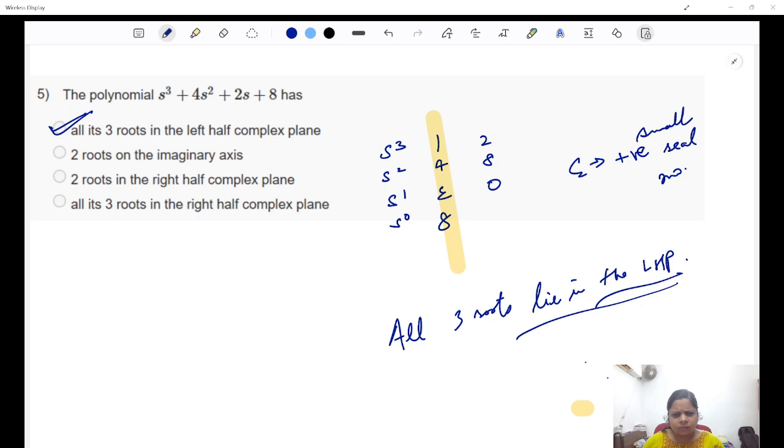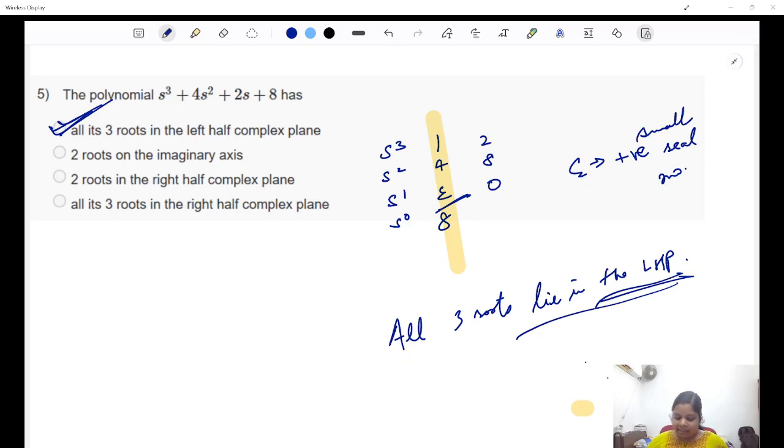Thereby, we can evaluate whether it is positive or negative. I mean, both the ways work. It's not a problem. If you are getting the value after substituting epsilon, then this is also correct. There is no problem with this. Okay. So all the 3 roots lie in the left half of the S plane.